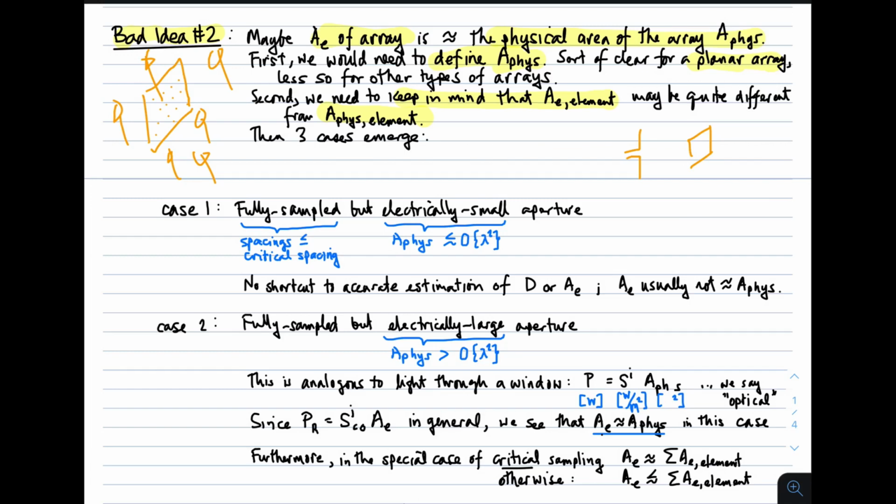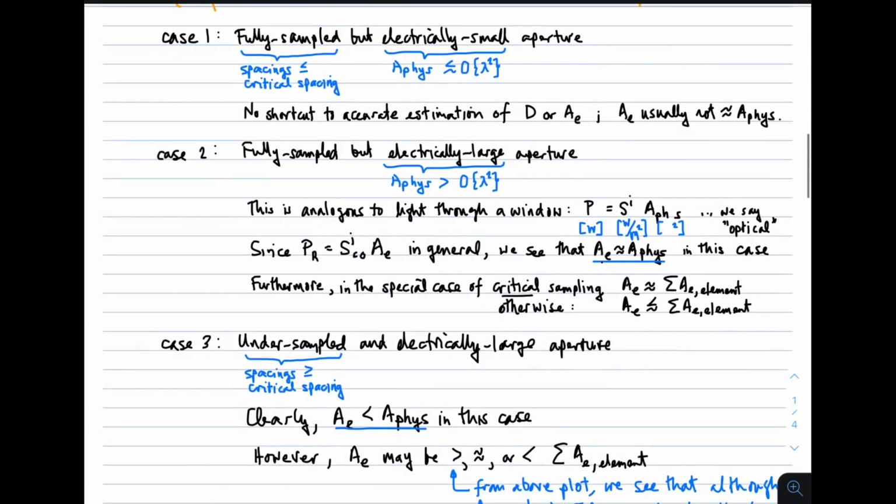However, if we keep those two concerns in mind, we can sort things out into three cases and possibly distill some useful ideas. So let's go ahead and do that. Case 1. Let's say we have a fully sampled array, and by that I mean spacings less than the critical spacing, but the aperture is electrically small.